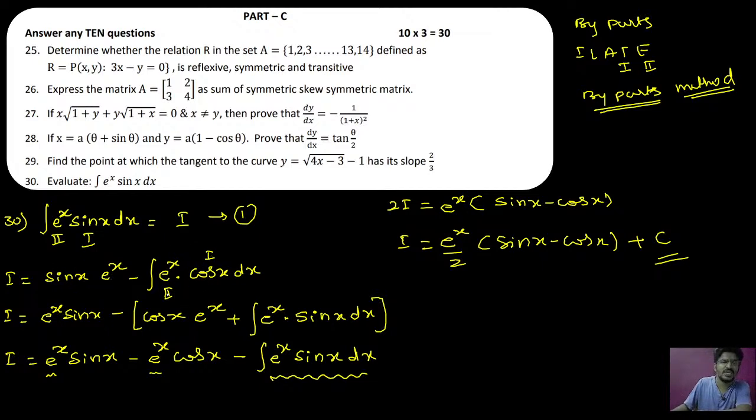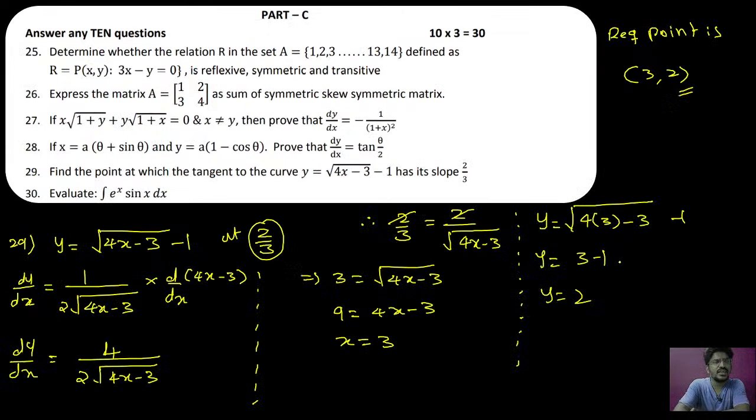So now again you have to use by parts here, integration of e raised to x into cos x, the same method. After that you just multiply, this will be minus I, you take it on this side, it will be plus I, therefore I plus I will be 2I. Now just simplify your last step. Clear? Okay. So now we can go for the 29th problem.